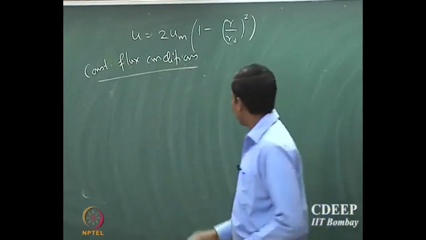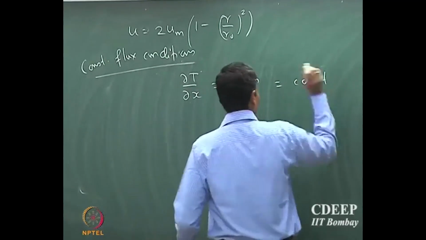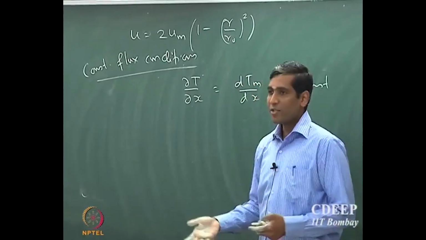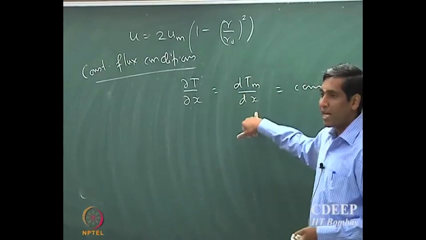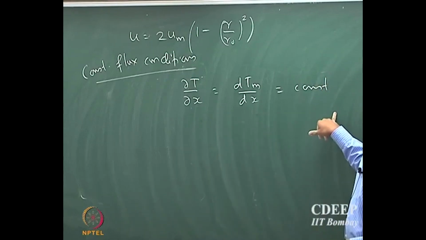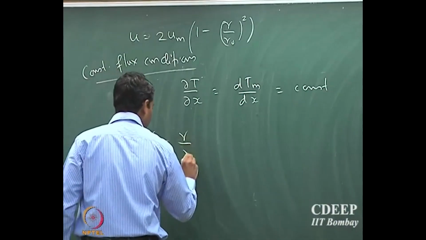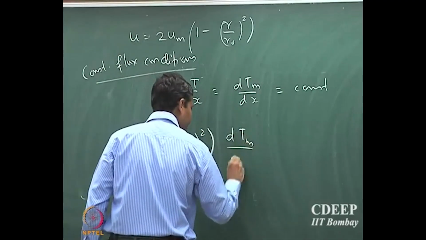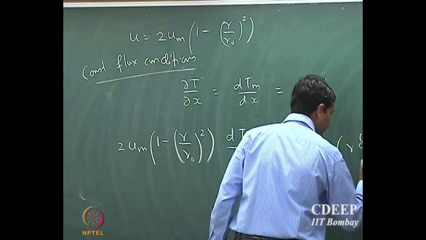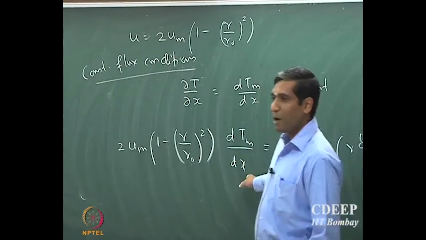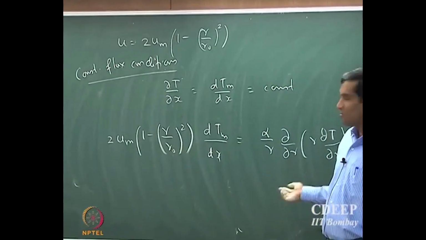For constant flux conditions, dTm by dx is a constant, because the temperature profile in the fully developed regime is similar at any x location, and therefore the local temperature gradient in the x direction remains constant. Now we can rewrite this equation as 2 um (1 minus r by r naught)^2 dTm by dx, which is a constant, equal to alpha by r d by dr of r dT by dr. Simply by using the properties, it has become an equation only in the r direction, so we can easily solve it.